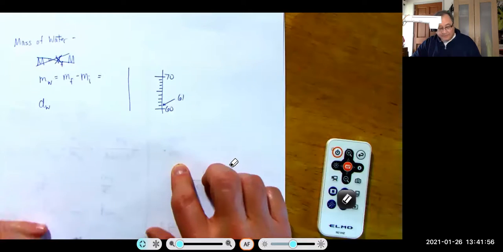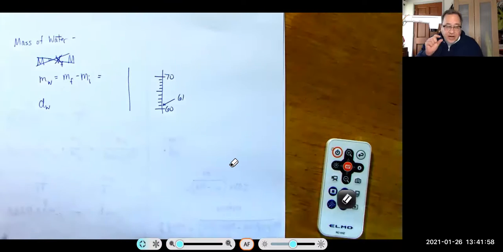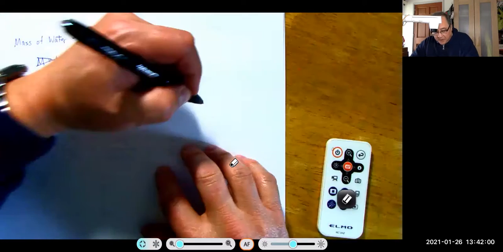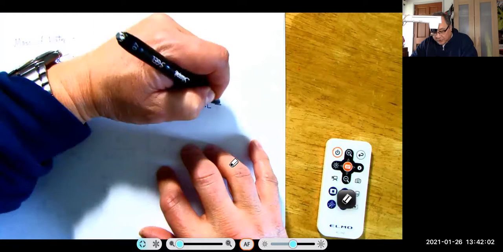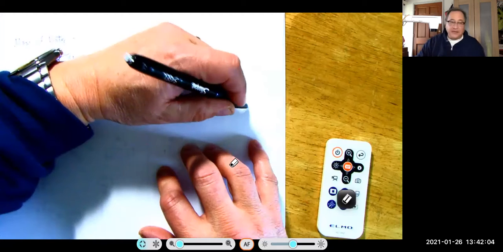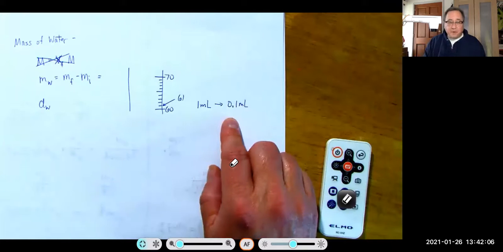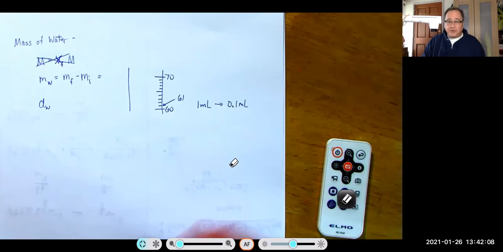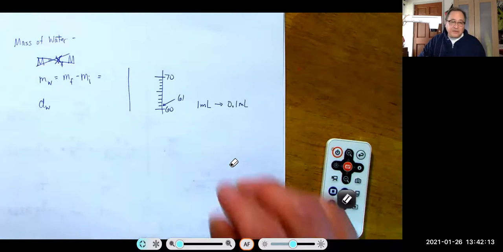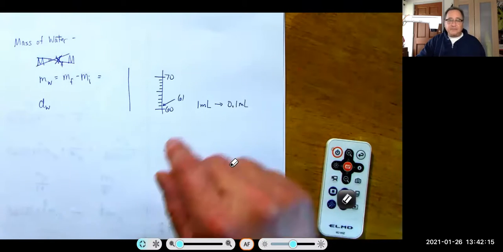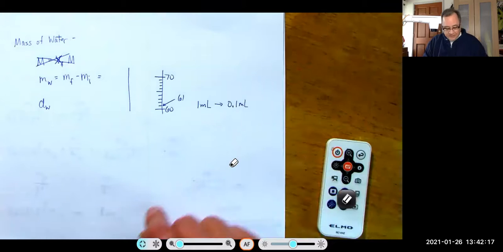And therefore, the two closest lines are 1 milliliter apart, so that we should be able to measure to 0.1 milliliter. It might be 0.0, it might be 0.1, it might be 0.2, 0.3, 0.4. So I'm expecting what you've learned in the measurements lab, you're going to use in this lab.